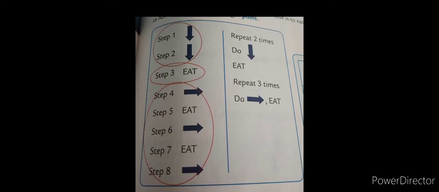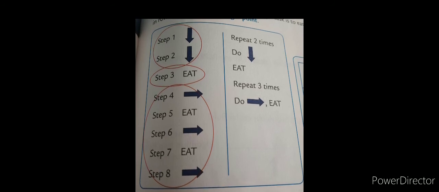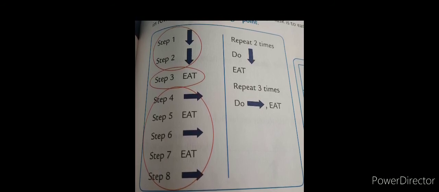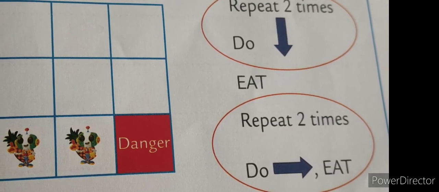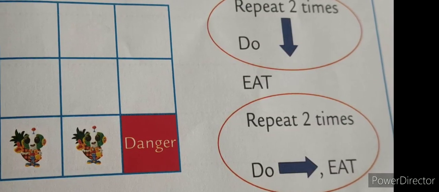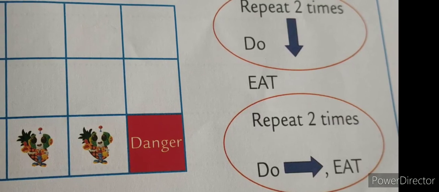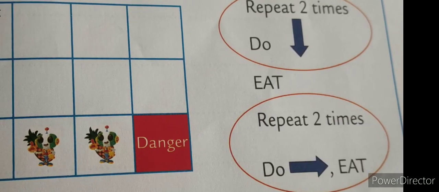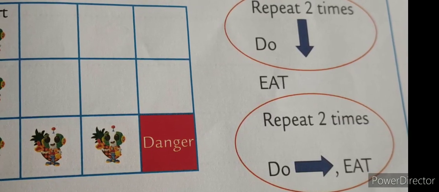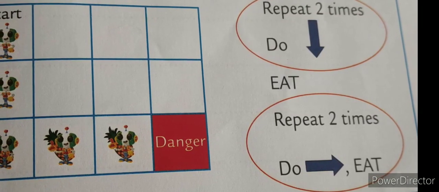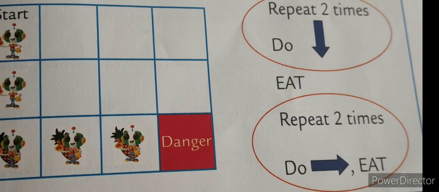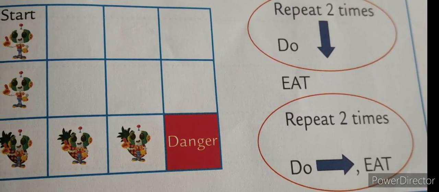So to correct the problem, the set of instructions should be repeated only twice. That is, repeat 2 times, go down, eat. Repeat 2 times, go right, eat. So here in the loop also we have debugged.